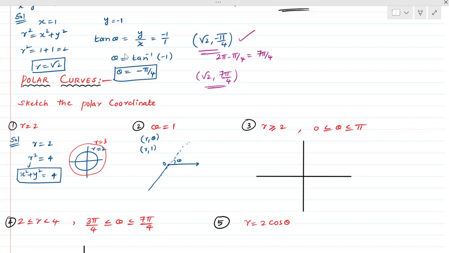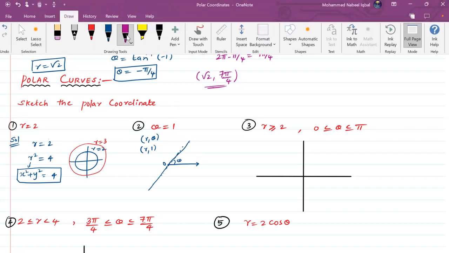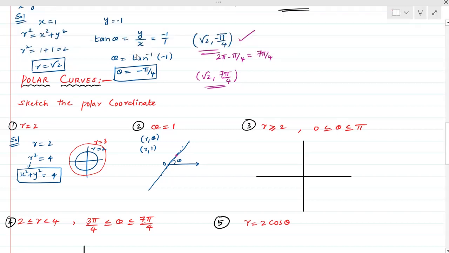So therefore, it is a diagonal line where this point is 1 comma theta and this point is 2 comma theta. All the values above have r more than 0.